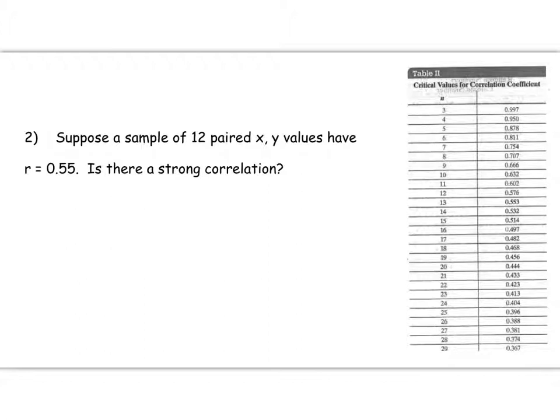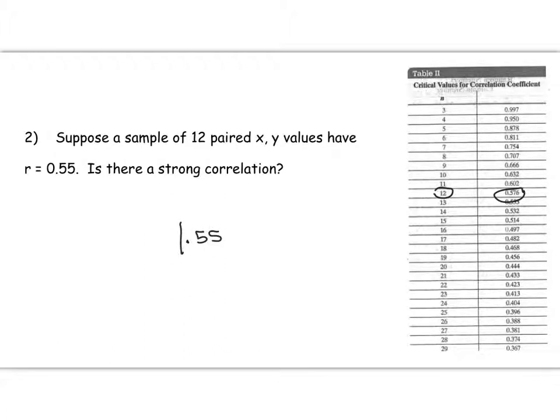Try that again. Suppose we have a sample of 12 paired x and y values. So we're looking at 12. All right, and so we're going to take the critical value for that, and our R value is 0.55.